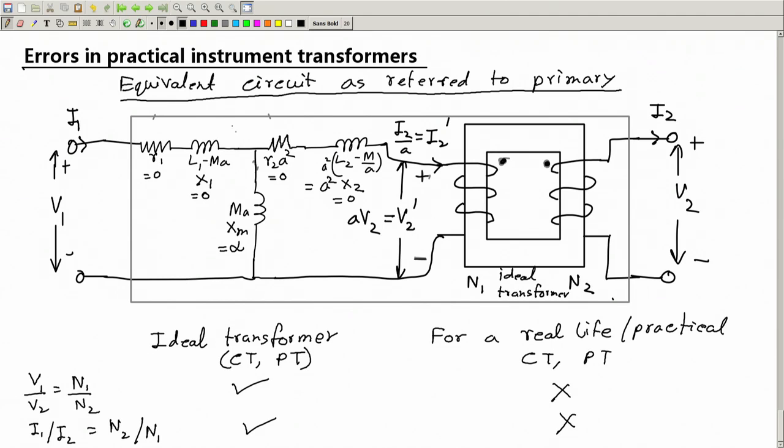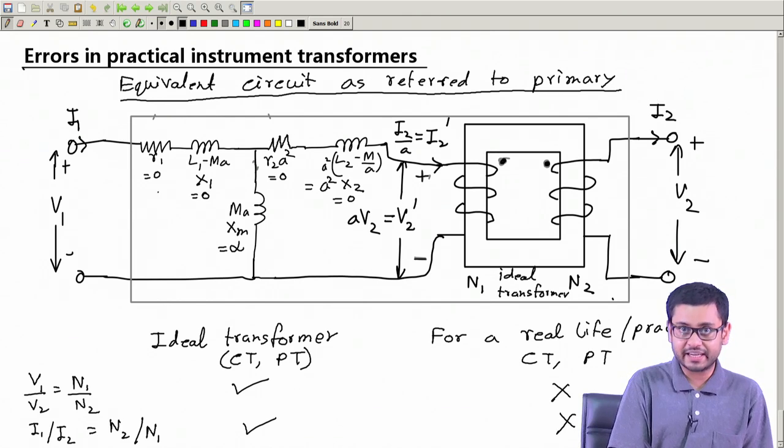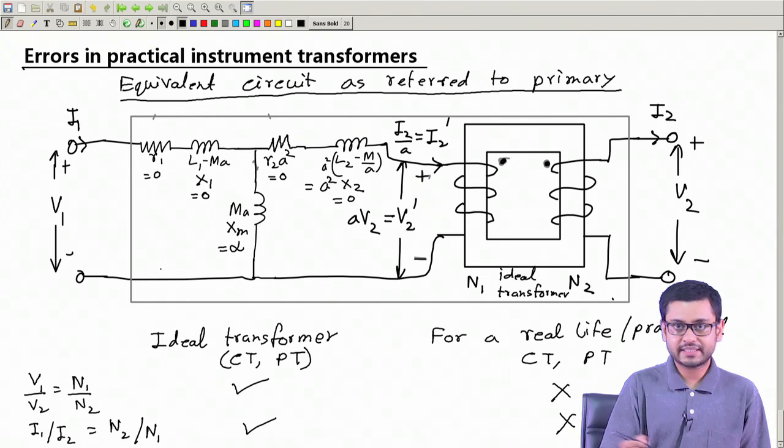Then you can short circuit this, short circuit this, and open circuit this. Then all these things are gone, and only the ideal transformer remains. That's how the equivalent circuit of a practical transformer becomes the same as the ideal transformer when these things are 0 and this thing is infinite.